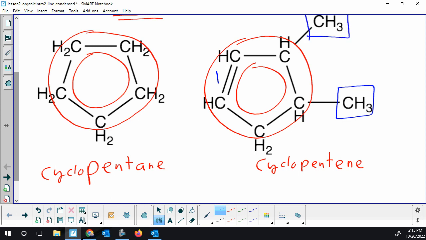Boxing them up helps reinforce that there's 2 separate branches coming off 2 separate pieces of our parent. They are both methyls, so we can name them together. If they were different, we'd list them alphabetically. Two of them, so di, tri, tetra, di is the 2 of them prefix. And we're going to need 2 numbers.